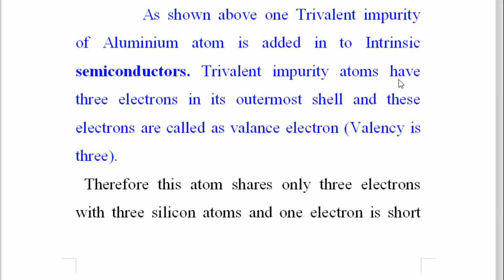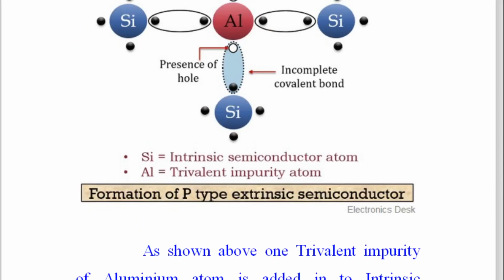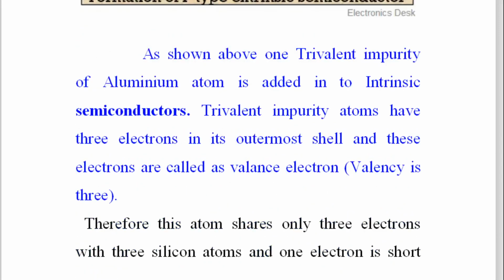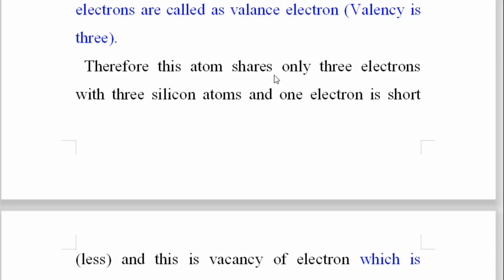Trivalent impurity atoms have 3 electrons in the outermost shell, and these electrons are called valence electrons, and therefore it is said that the valency is 3. So this atom shares only 3 electrons with 3 silicon atoms, and 1 electron is short.